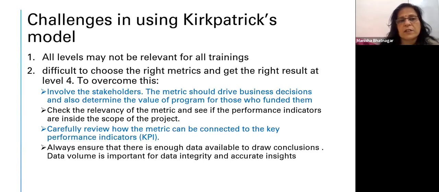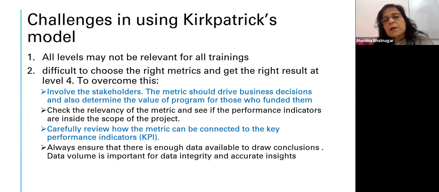So there are of course challenges. It's not easy to do, and there has been criticism also of Kirkpatrick's model. It is possible that you do not require to do evaluation on all the 4 levels. They may not be relevant for all the trainings. For example, behavioral training, gender sensitization, you need to do only level 1 or probably 2.